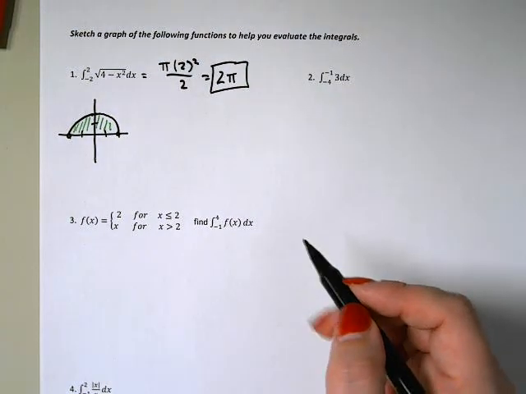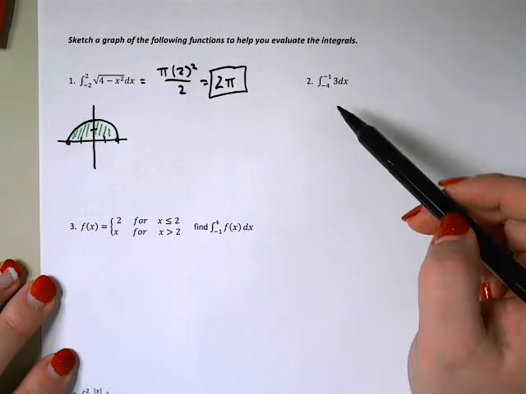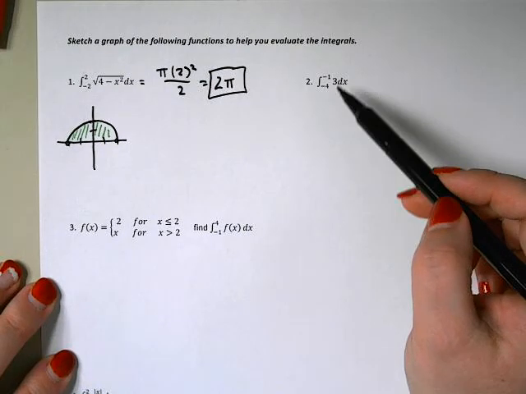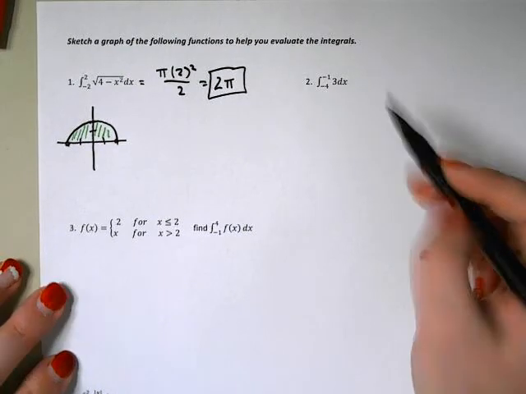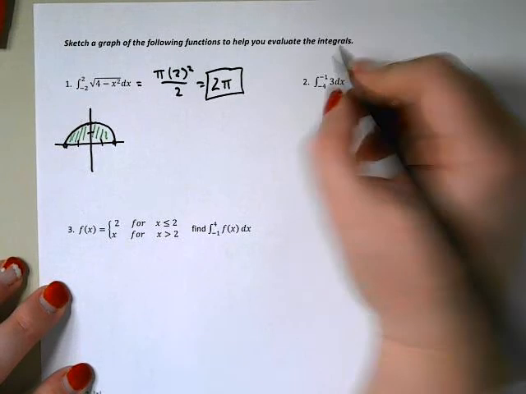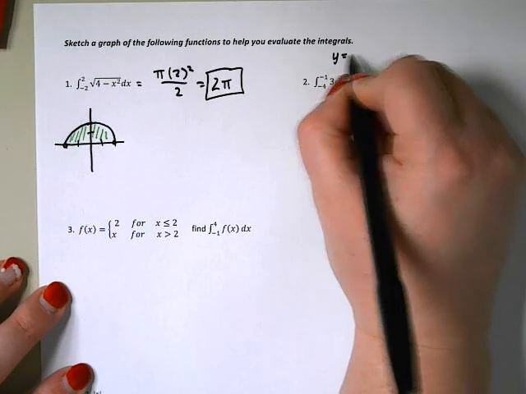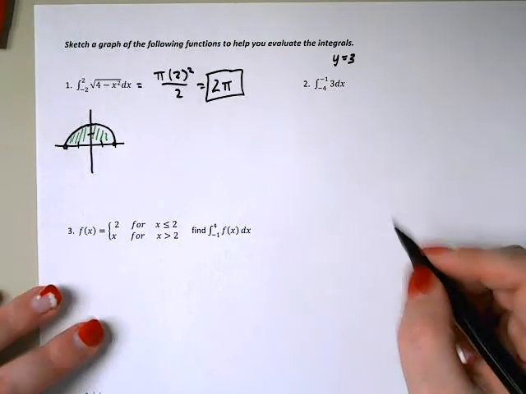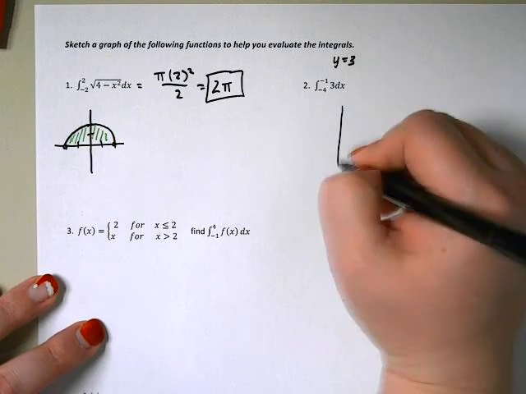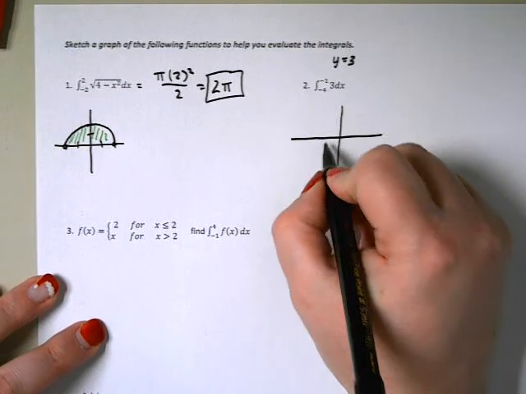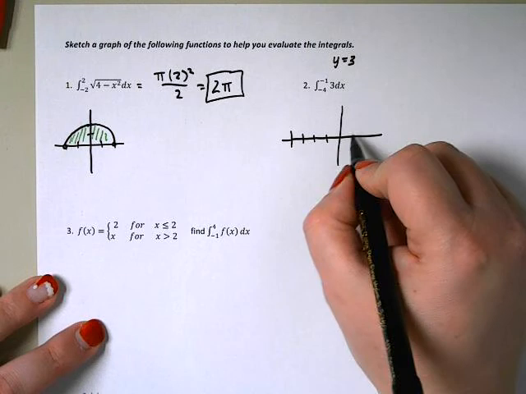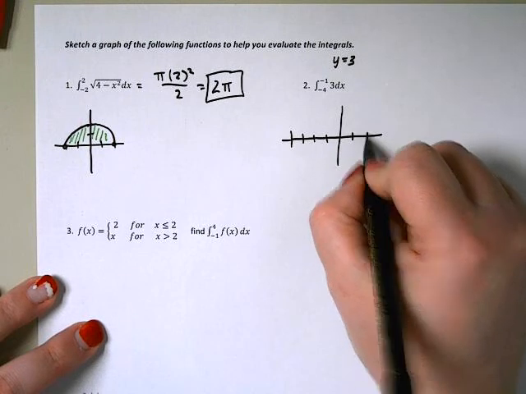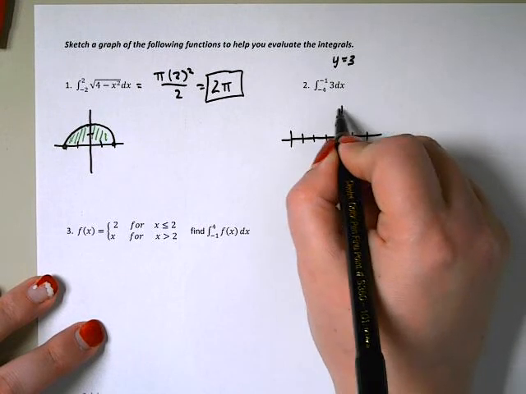All right. For question 2, we want the integral from negative 4 to negative 1 of 3 dx. So this is a little weird. We have to remind ourselves that this number 3 is really just like saying y equals 3, which is a constant function. So if we draw a sketch here, 1, 2, 3, and 4, and then 1, 2, 3.